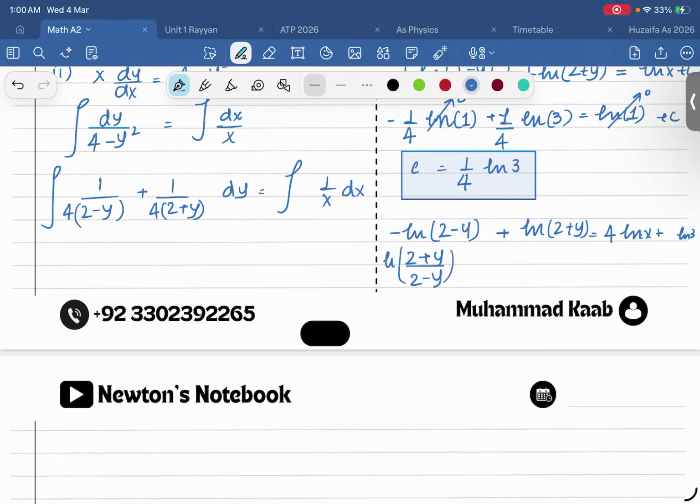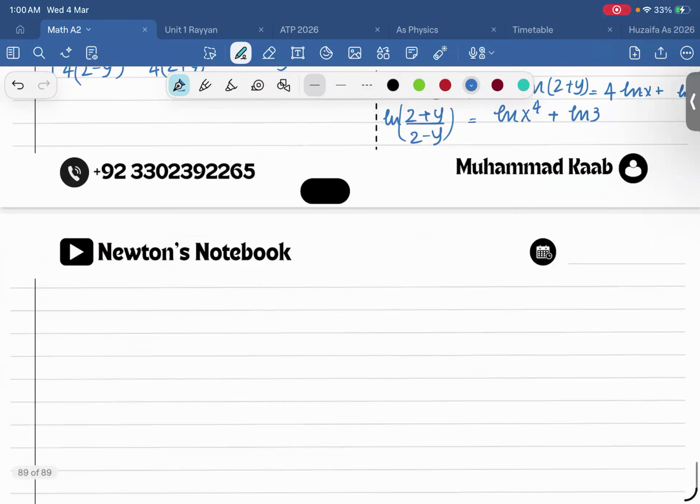And that would be ln, equal to ln x to the fourth power plus ln 3. Now I have to remove my ln, and it would just be ln of (2 plus y) over (2 minus y) is equal to 3x to the fourth power and ln, right?